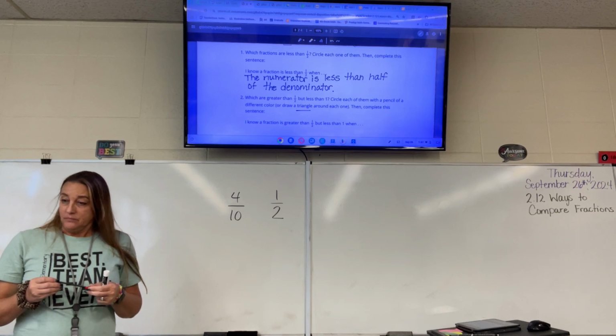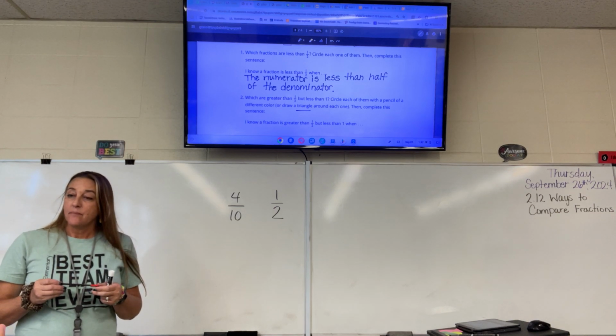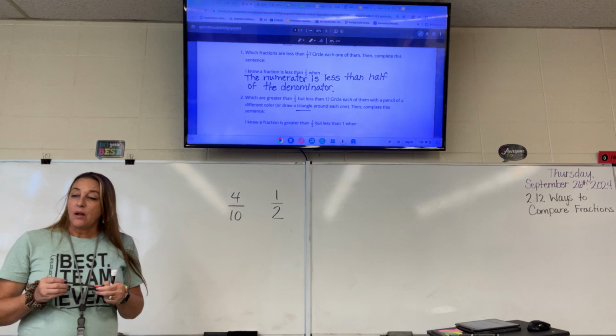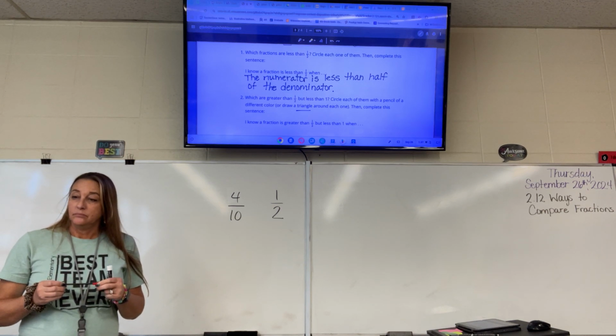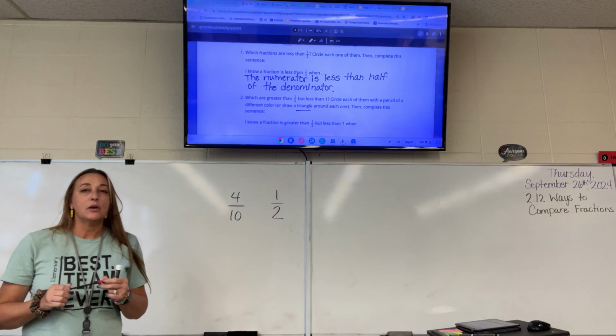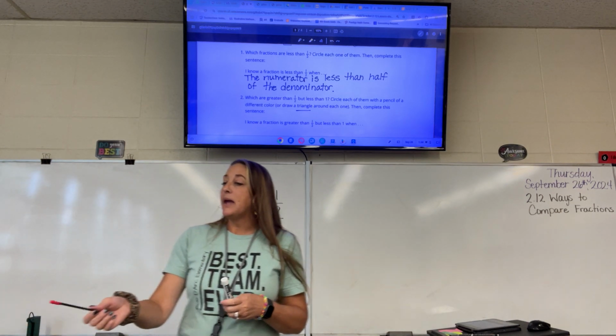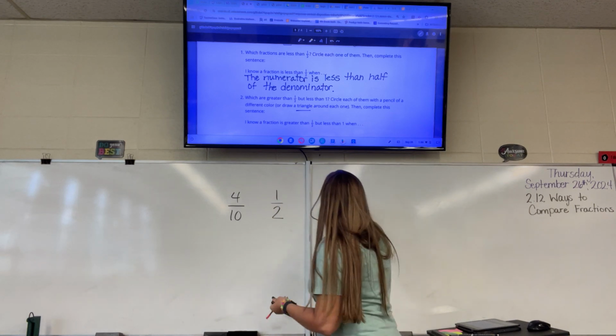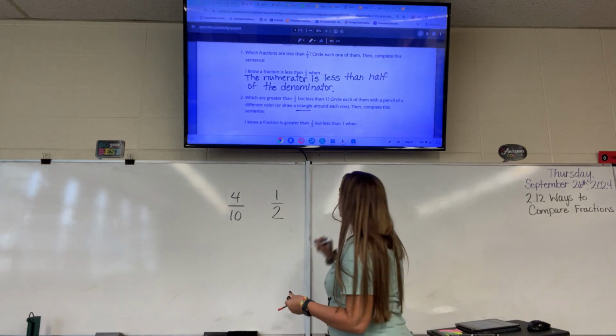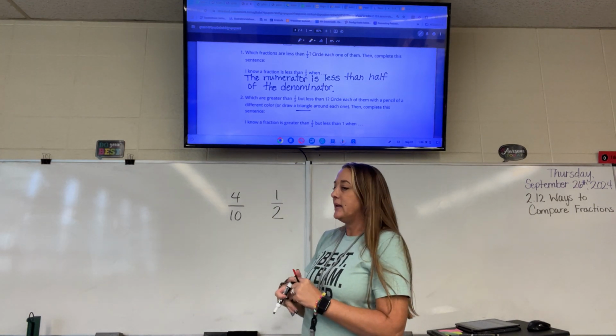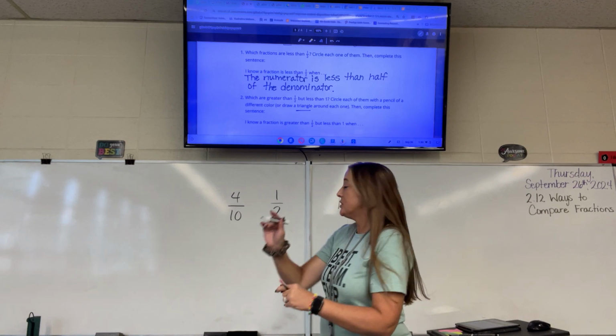1 whole is a big size piece, and if you used a fraction, the fraction would be smaller because you cannot compare a fraction to a 1 whole unless it's bigger than. Here's what I'm asking you, Colton. What fraction could you use to show 1 whole? Any fraction you want. 4/4. Okay.